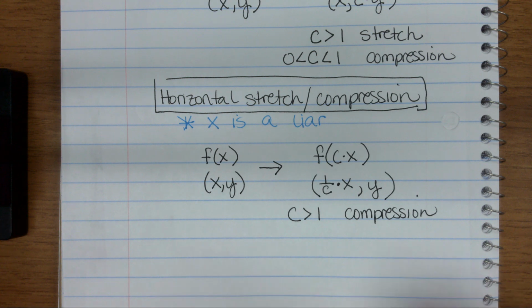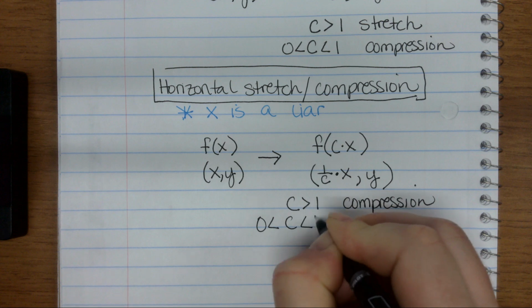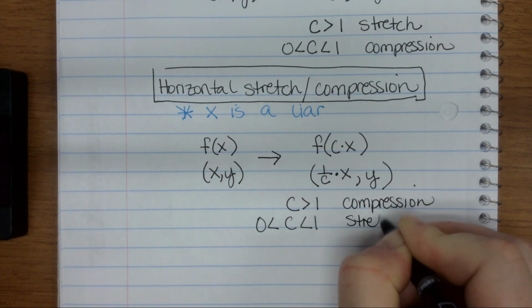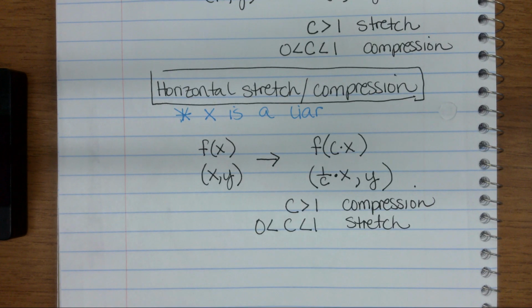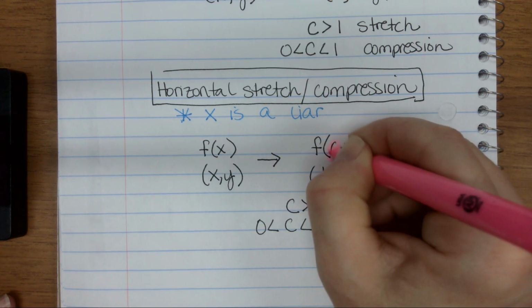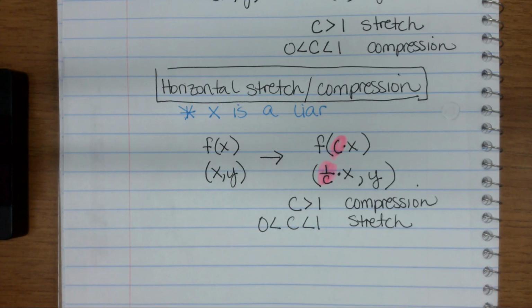And when you're dealing with numbers between 0 and 1, that's going to make it a stretch. Okay, so the key here is whatever that value is, we actually take the reciprocal of that, and that's your kind of your factor.